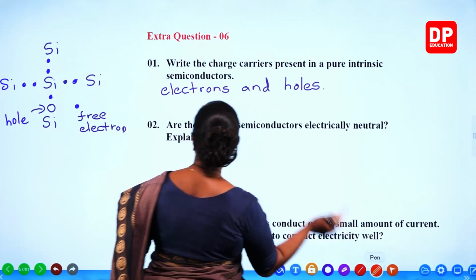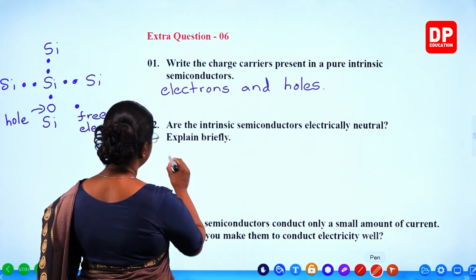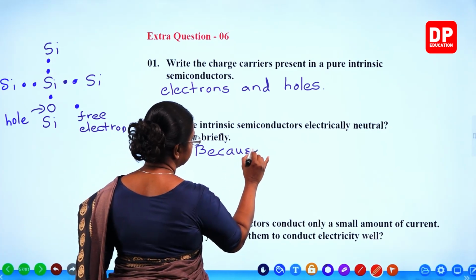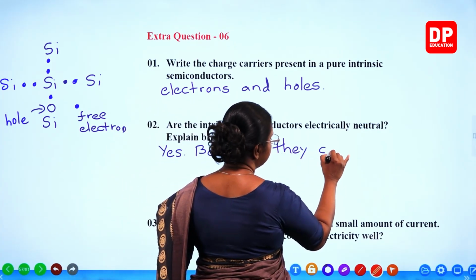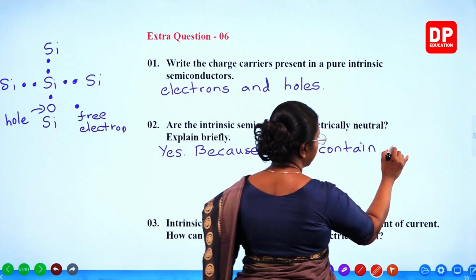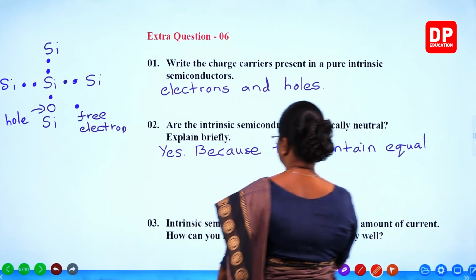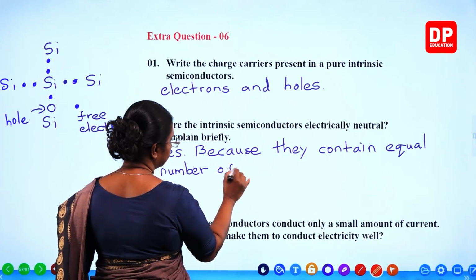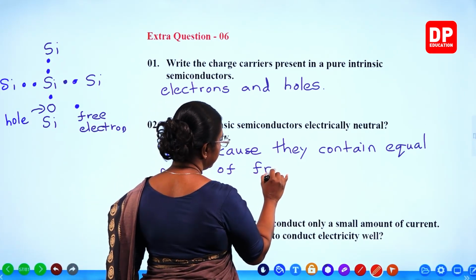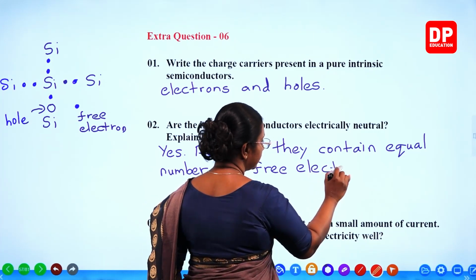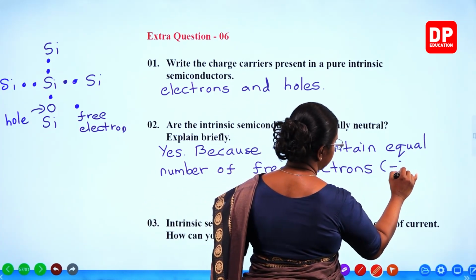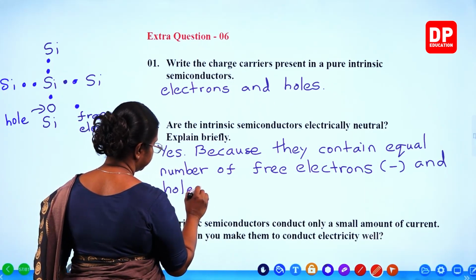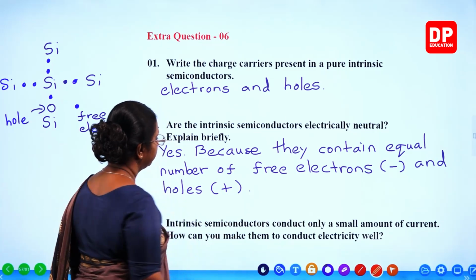So here we can say, are the intrinsic semiconductors electrically neutral? Yes, because they contain an equal number of free electrons, those are negative, and holes, those are positive.